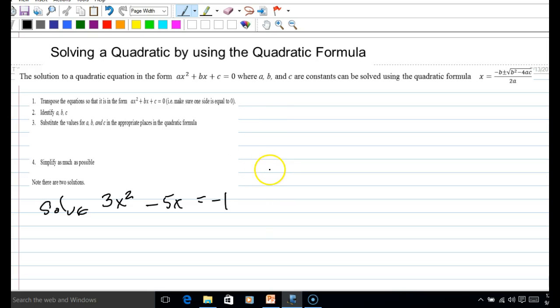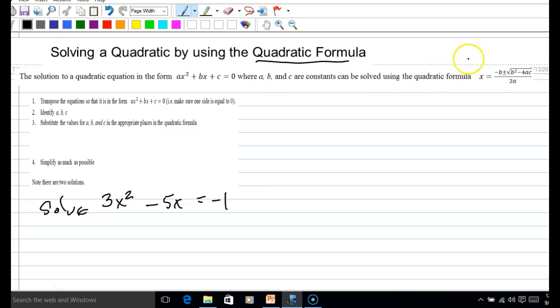And again, we can also use this method to solve quadratics that are factorable as well. But if the quadratic is not factorable, then we either have to use completing the square, which we previously discussed, or we have to use the quadratic formula.